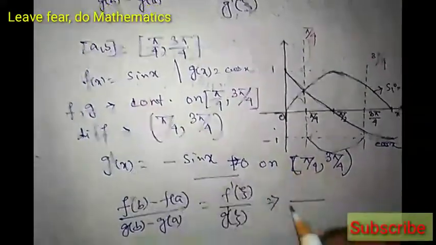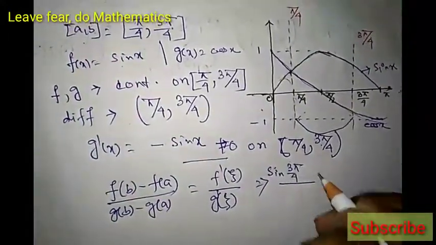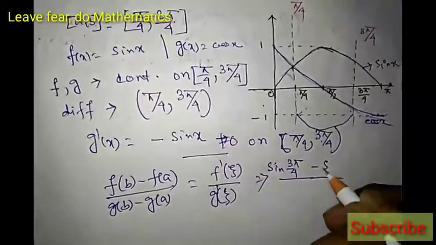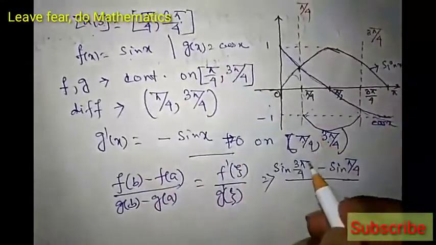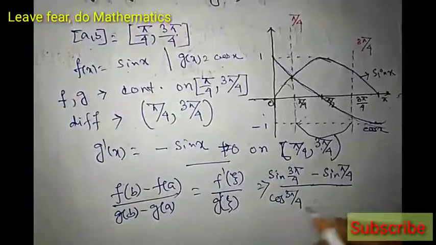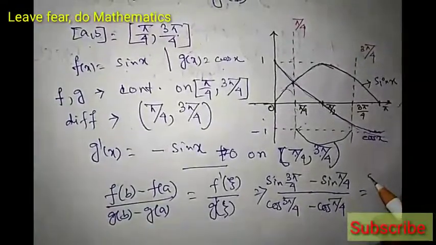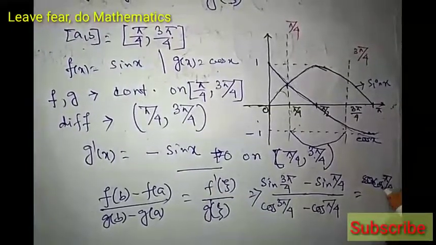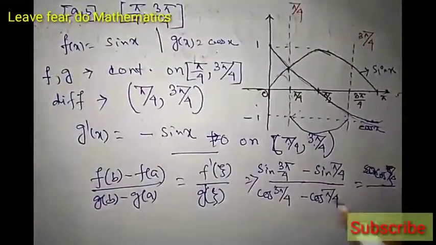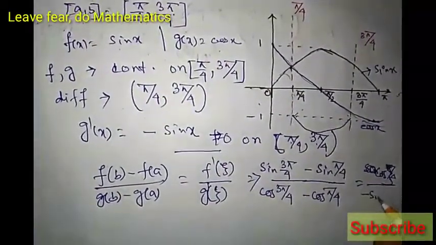Our f is sin x, and b is 3pi/4, so this means sin 3pi/4 minus, a is pi/4, sin pi/4, by, g is the cos function, so cos 3pi/4 minus cos pi/4 equals f'(xi), which means cos xi, by g'(xi), and the derivative of the cos function is minus sin xi.